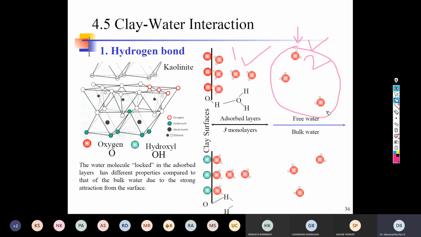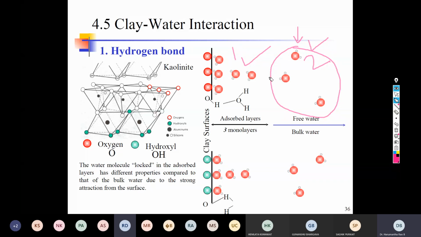Okay. Now let me ask another interesting question. What happens if I apply vibration energy to this clay particle? Come on, you should be able to answer. What happens to this clay particle if you apply vibration energy?